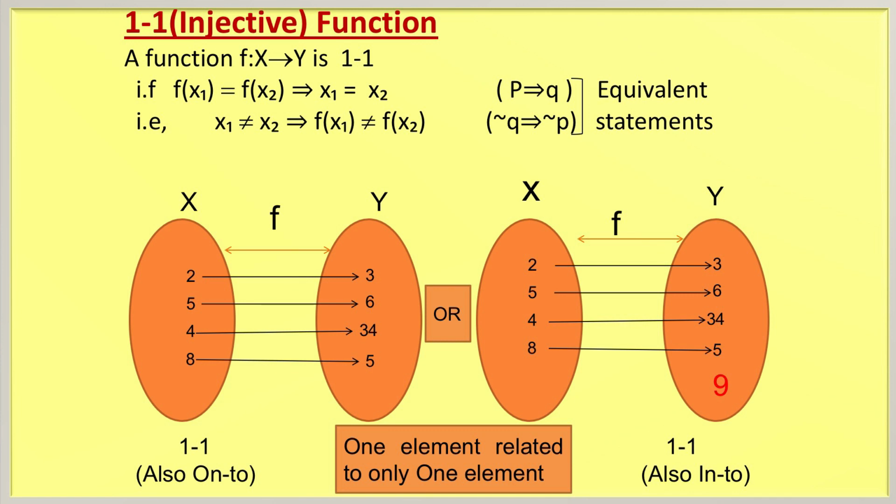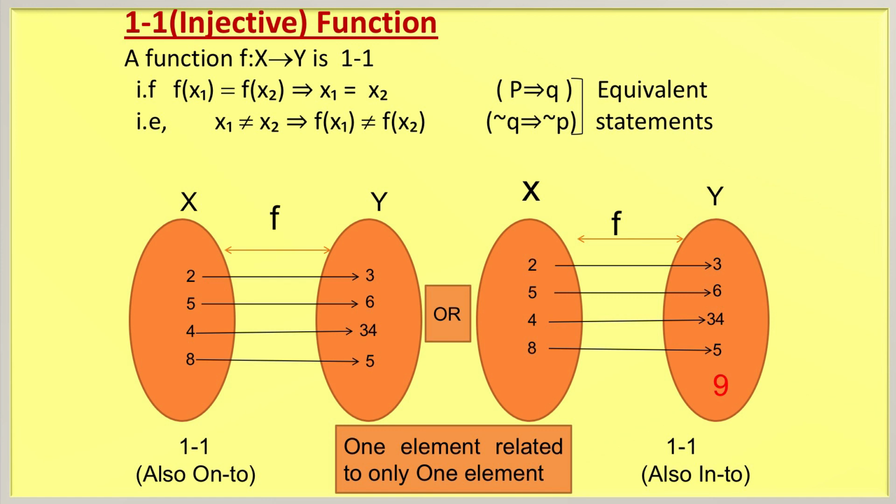If all the elements of the codomain are related, then it is onto. If there is some element left in the codomain set, that is into. You see here on your screen number 9 is not related. So, that is an into function. So, a 1-1 function may be 1-1 onto or 1-1 into.